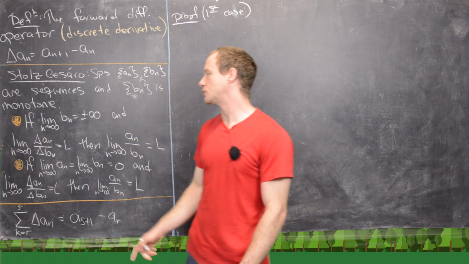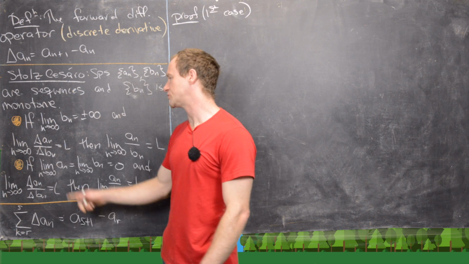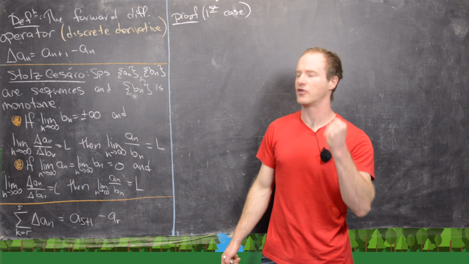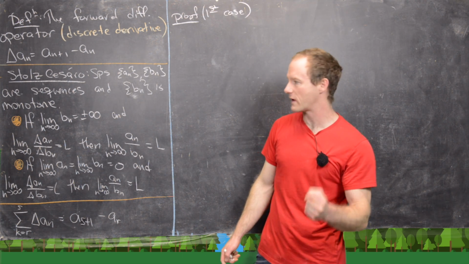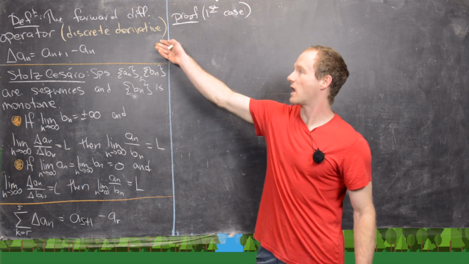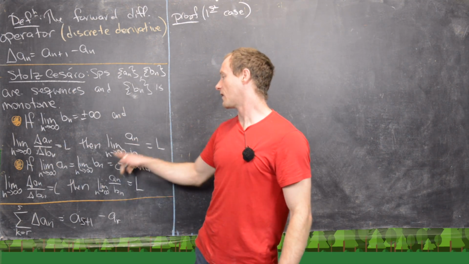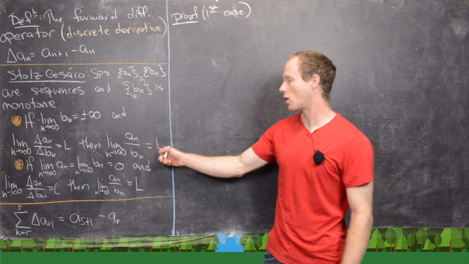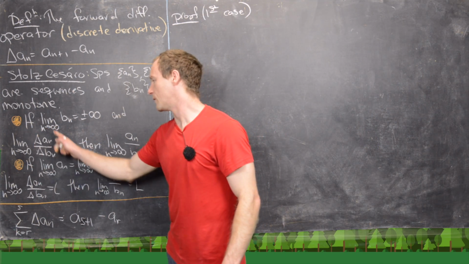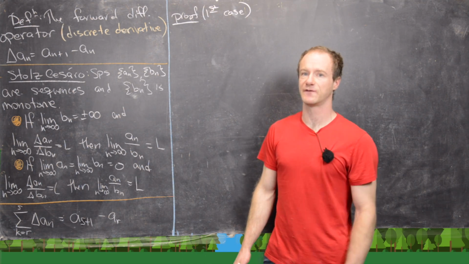If the limit as n goes to infinity of b_n is plus or minus infinity, and the limit as n goes to infinity of delta a_n over delta b_n, which you want to think of as the derivative of the sequence a_n over the derivative of the sequence b_n, but in sequence world the derivative is given by this forward difference operator, equals L, then the limit of just the quotient of the two sequences also equals L. Recall from L'Hopital's rule, we have the limit of the quotient of derivatives and the limit of the quotient of functions.